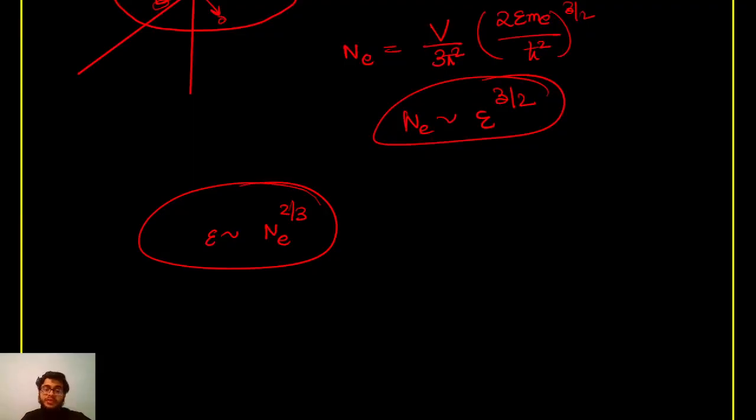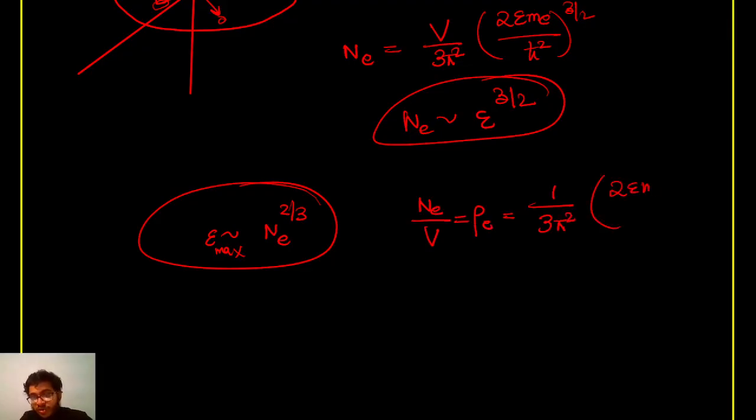So the maximum energy, or E max, increases as a 2/3 power of the total number of electrons, or we can also say the electron density, because if we divide Ne by V, we get rho E, or the electron density, which is given as 1 by 3 pi square, 2 epsilon me by h square to the power 3 by 2. So not only the number, but also the density can be related to the maximum energy like that.